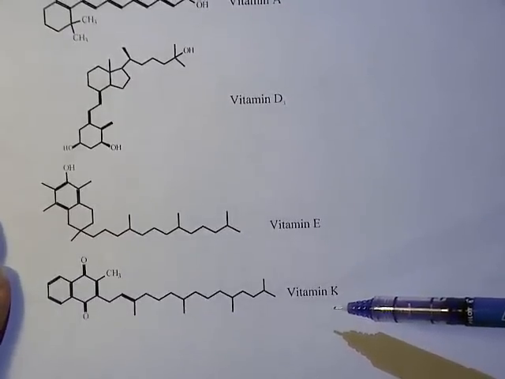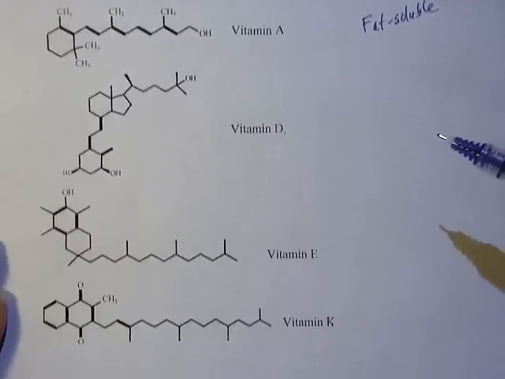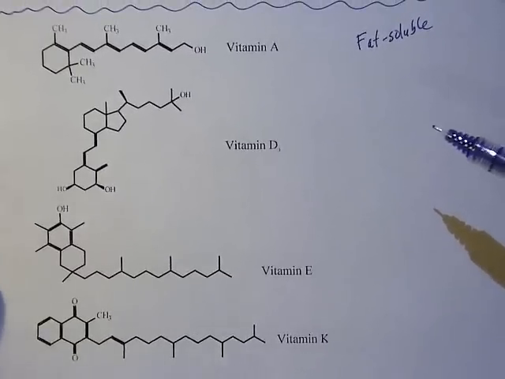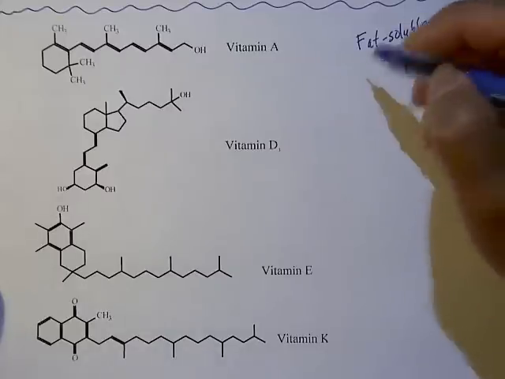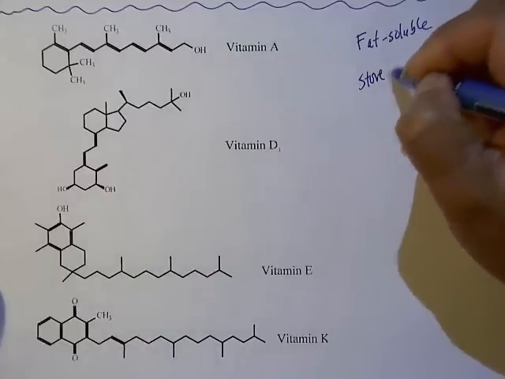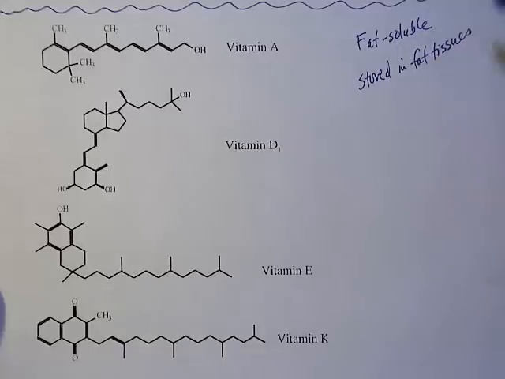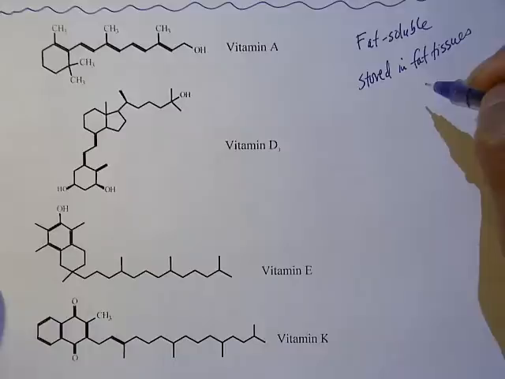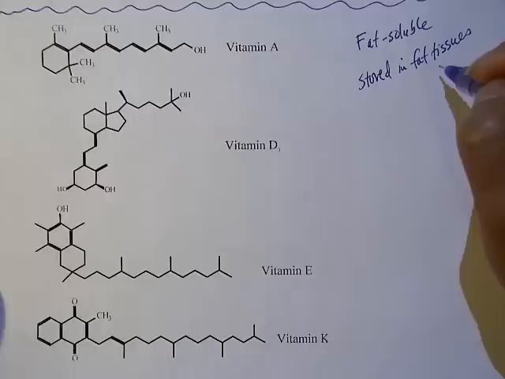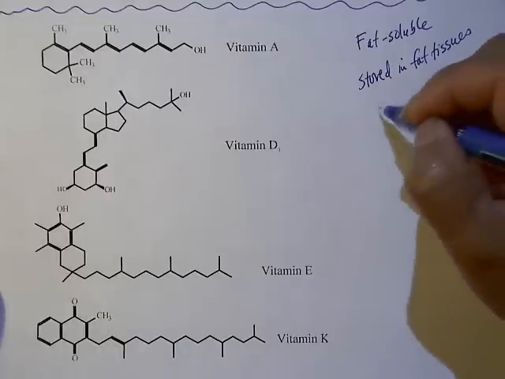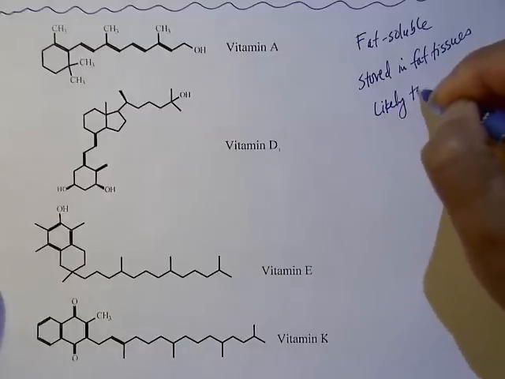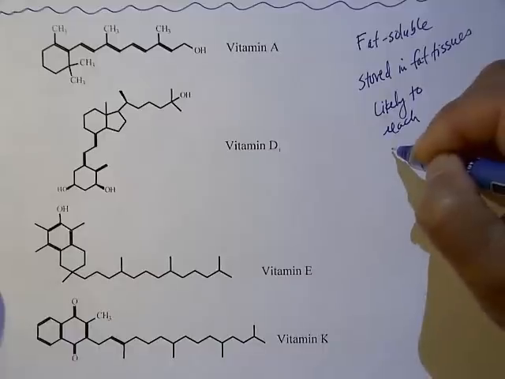All right. So the difference in function for these fat soluble vitamins is because they're fat soluble, they're usually stored in fat tissues. And you have to be very careful that you do not overdose on these, because they're harder to get rid of, and so it's likely to reach toxic levels.